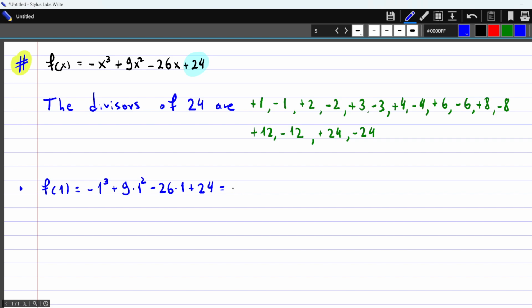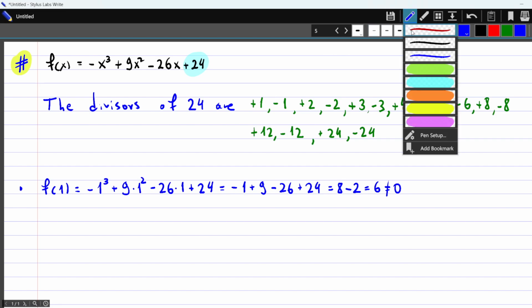And this one is -1 plus 9 minus 26 plus 24, which equals 9 minus 1 is 8, minus 26 plus 24 is -2, which is 6. We want this to be 0. This is not 0, so 1 is not the number we are looking for.